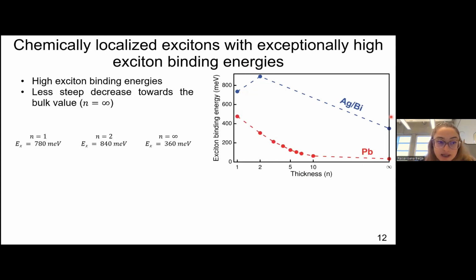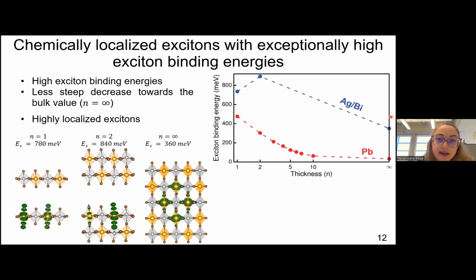And this is actually happening because the excitons in those materials are highly localized. So as you can see in the n equals 1, those are exactly the same systems, only that now I don't represent the molecules here, for clarity reasons.